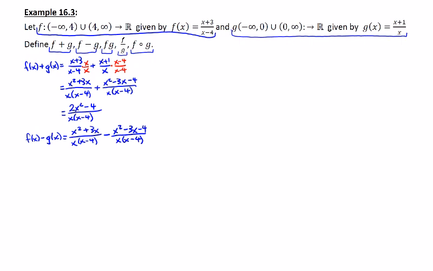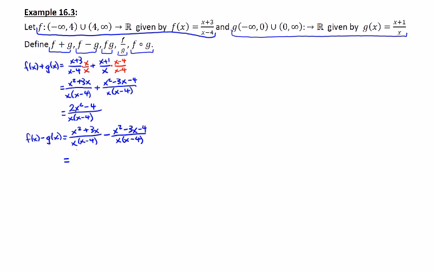Now with subtraction, you have to be really careful about the way that you combine the terms together. The subtraction applies to everything in the numerator of that second fraction. So I'll start with x squared minus x squared, which goes away. Then I have to look at 3x minus negative 3x.